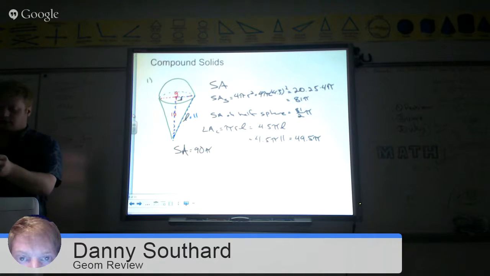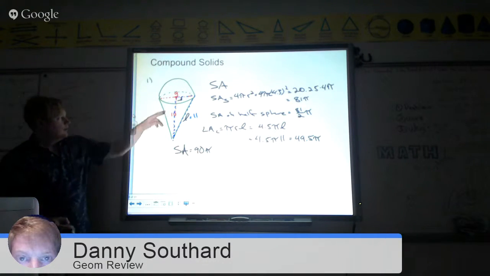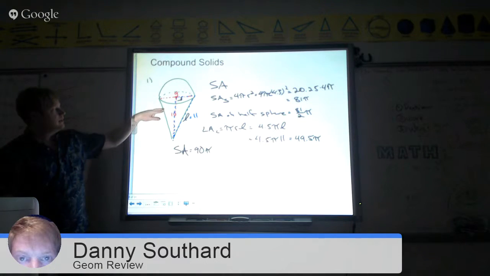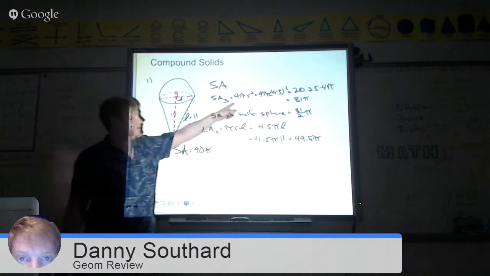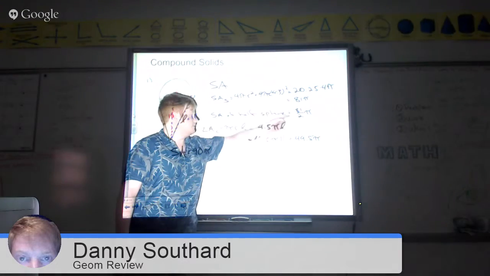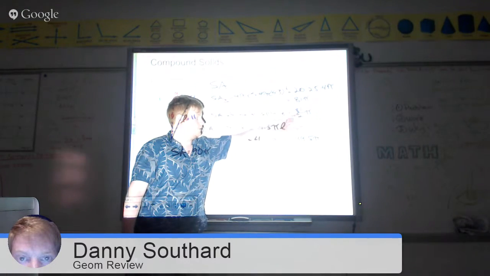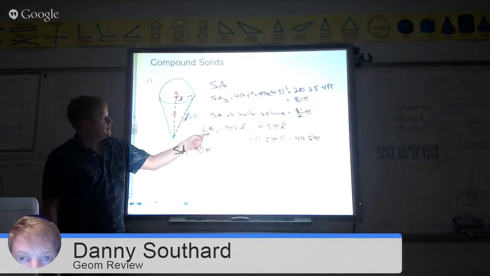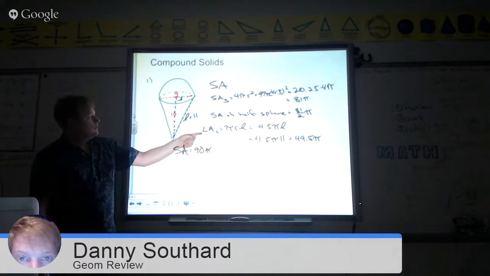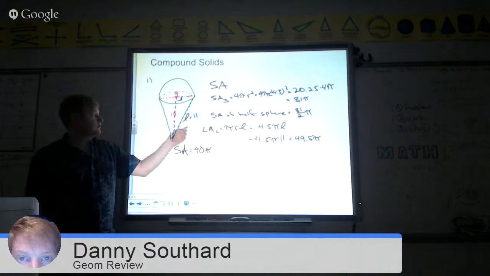So what would be the surface area? The mistake that may have been made here is finding the surface area of the sphere, great, dividing it by 2, great. And then this is where you may have made your mistake: you found the entire surface area of the cone.